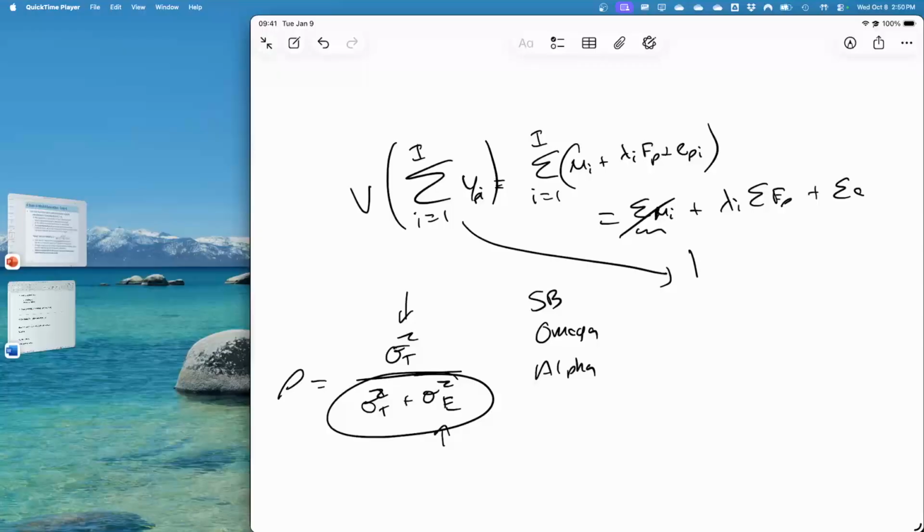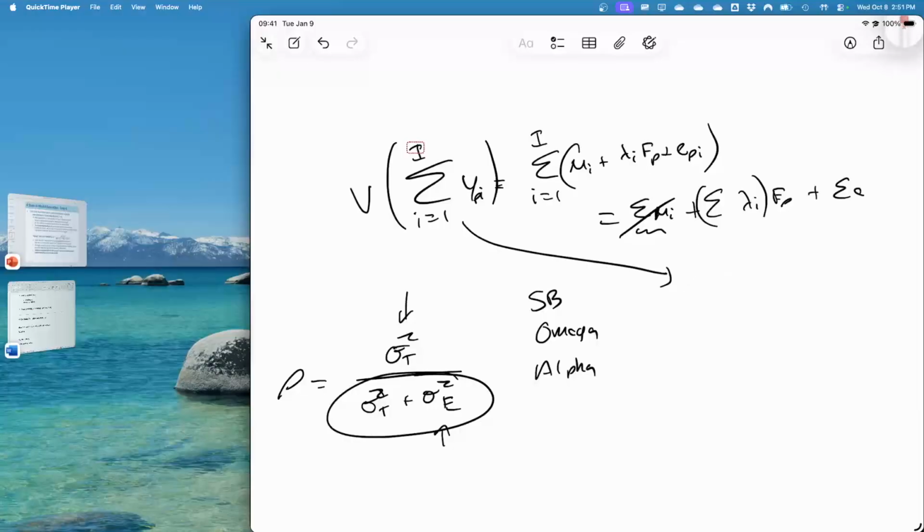What we're left with is lambda squared times the variance. And actually, in this case, I did this a little bit wrong, didn't I? It is the sum of lambda i times the factor itself. We can just separate the two of those.